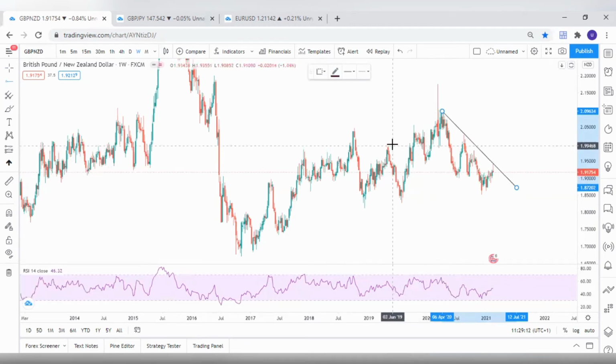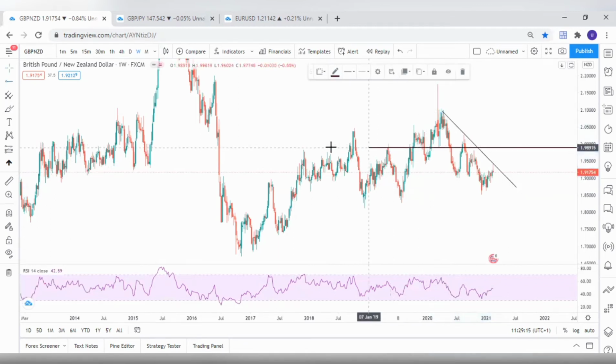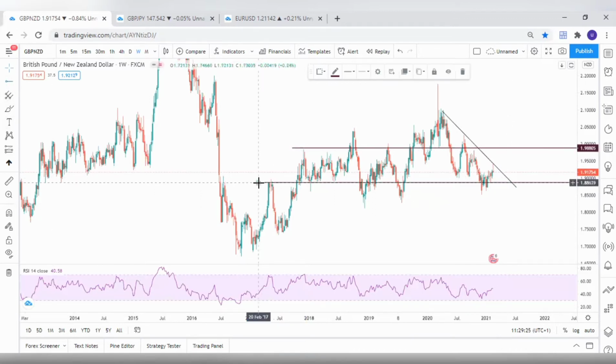Here has been a resistance area. Here, this zone has been a resistant area for quite some time now, and here again has been a support zone. It has been a support zone for quite some time.